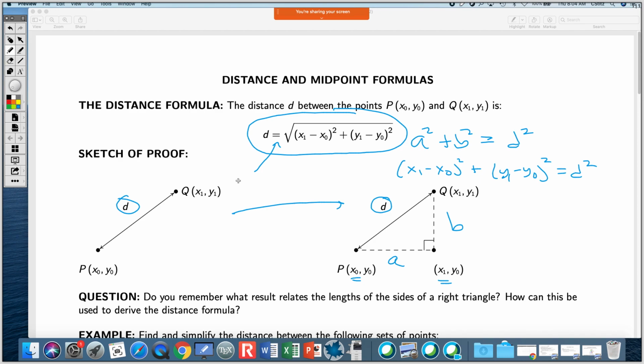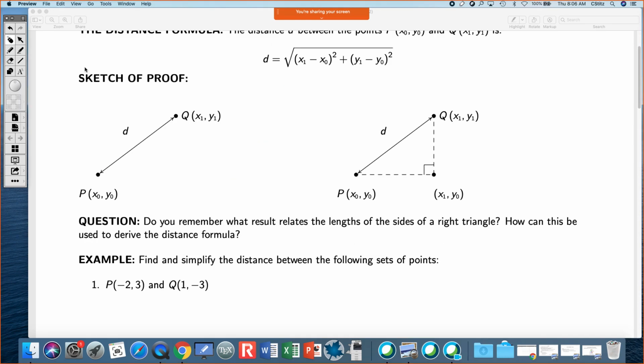So this really comes from the Pythagorean theorem. Another way I like to think about the distance formula that's a little easier to remember is that that's your change in x, so delta x squared, and that's your change in y, delta y squared. That's how I like to think of the distance formula.